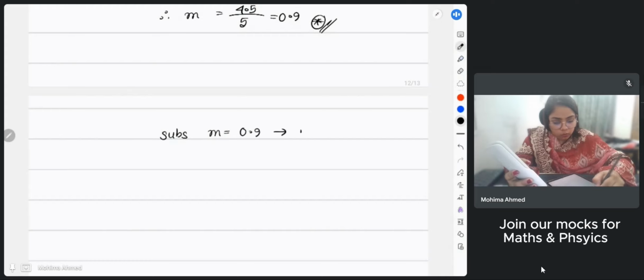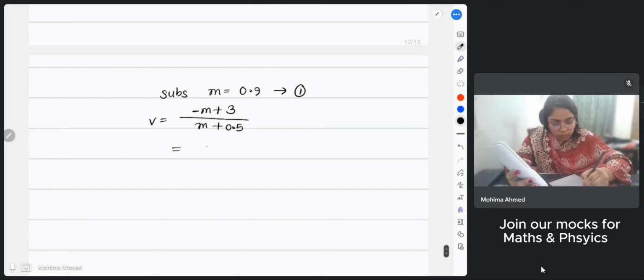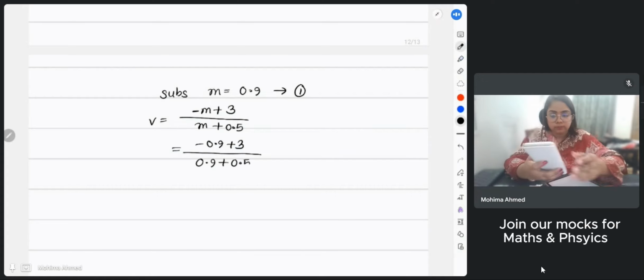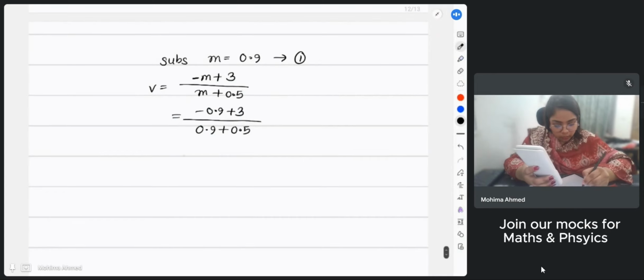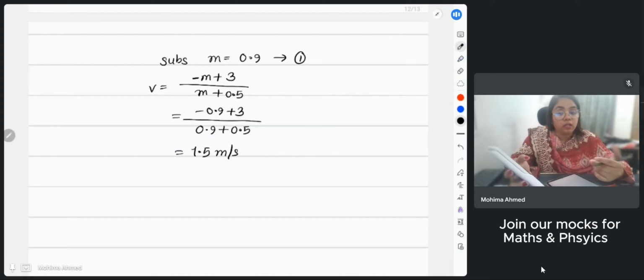So we have V minus M plus 3 over M plus 0.5, which is minus 0.9 plus 3, over 0.9 plus 0.5, which is 1.5 over here. So the velocity after the collision of particle P for scenario 1, velocity after the collision of particle Q for scenario 2 was 1.5 actually.